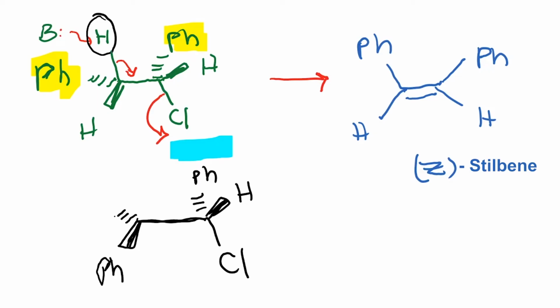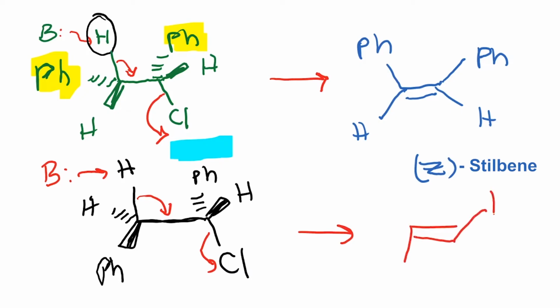So this hydrogen goes here and this hydrogen goes here. You will notice that this is just a carbon-carbon bond rotation, so there's nothing magical in this. It can happen very nicely at room temperature. Now if a base attacks in this particular conformation, you can still undergo elimination. The only thing is that it's going to give you the E product.